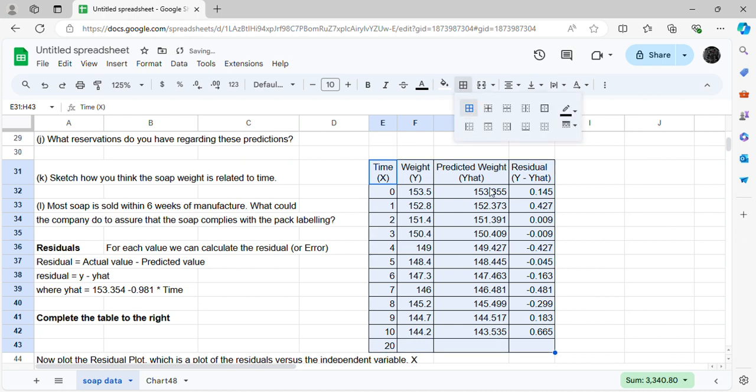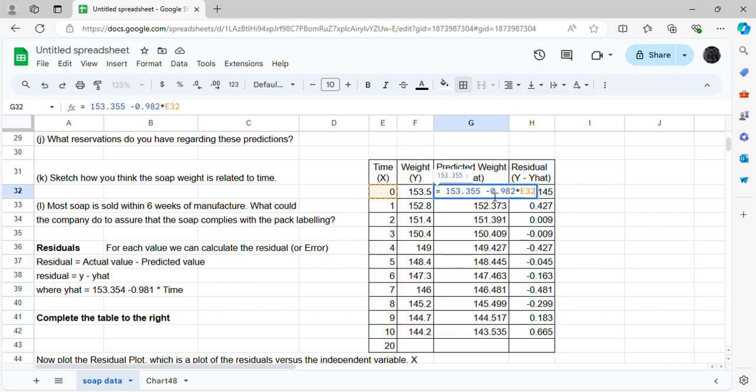And to predict the values, 153.354 minus 0.981 times time, and copy the equation to the rest of the cells. And then for the residual, we do predicted value minus the observed value.